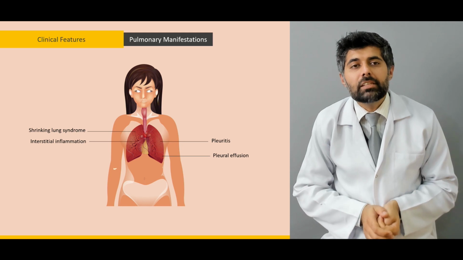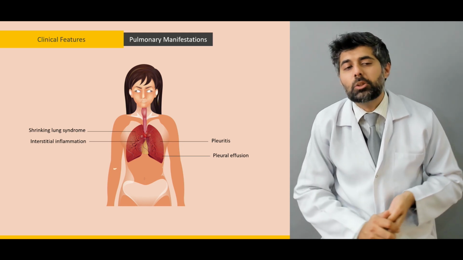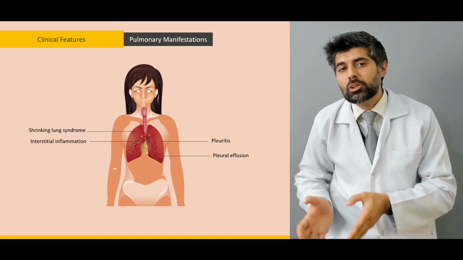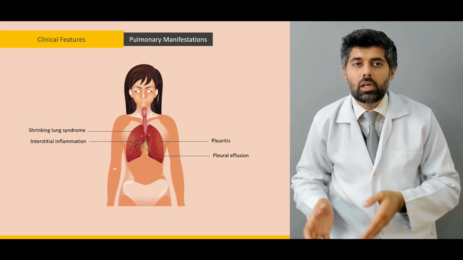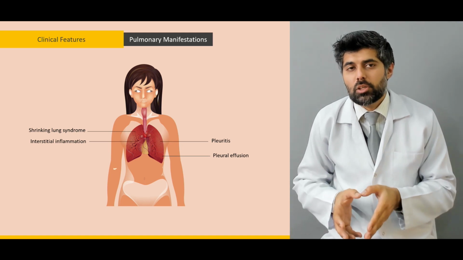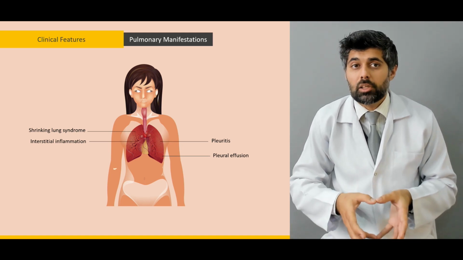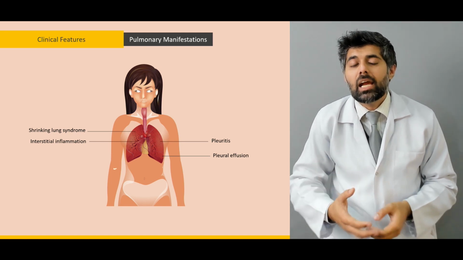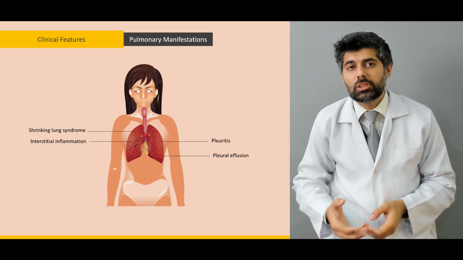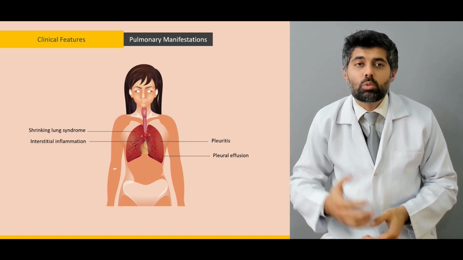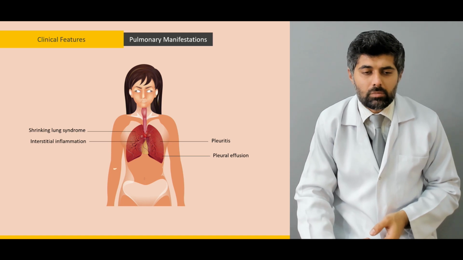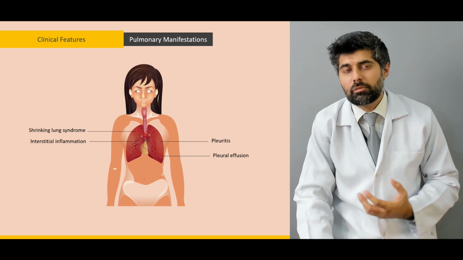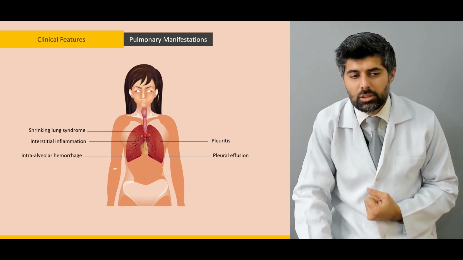Another thing that we see along with shrinking lung syndrome is interstitial inflammation. For shrinking lung syndrome to happen, interstitial inflammation occurs before that, and that happens due to the deposition and presence of immunoglobulins in the interstitial tissue of the lungs, and that results in inflammation and reduced functional capability of the lungs.